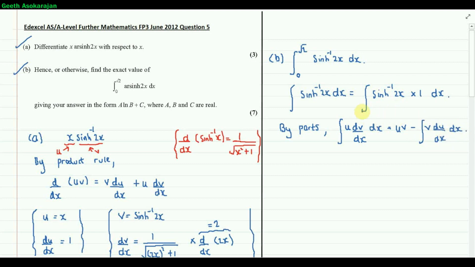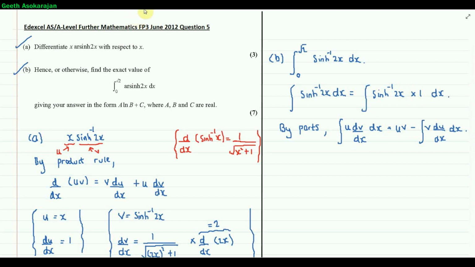Now going back to my point, the reason I wrote this as a product of two terms is that we need to choose u and dv over dx such that v du over dx is easy to integrate. Whenever you have an inverse function, always take u to be the inverse function, and dv over dx is then the remaining term.